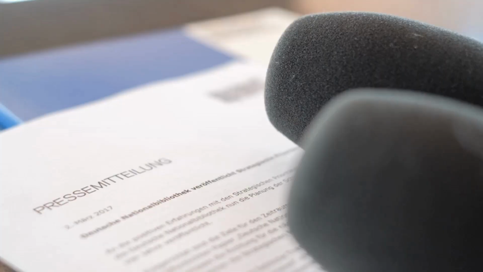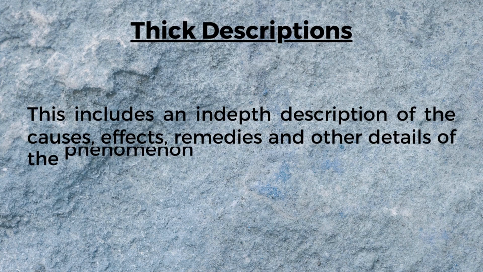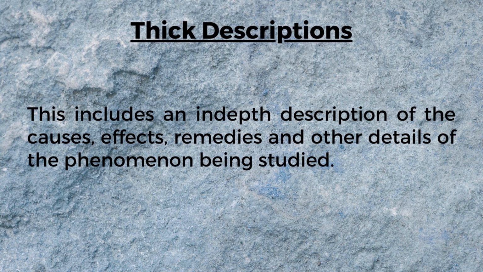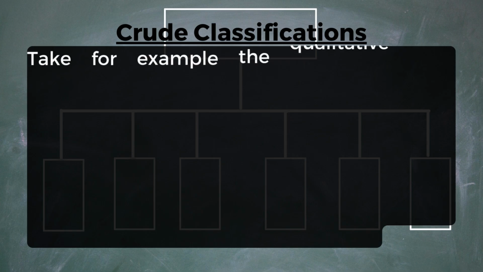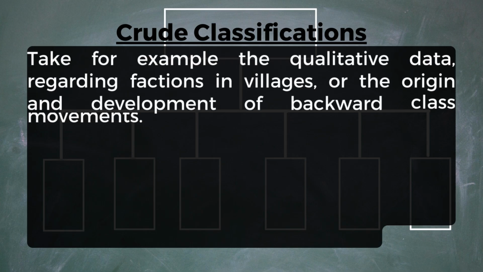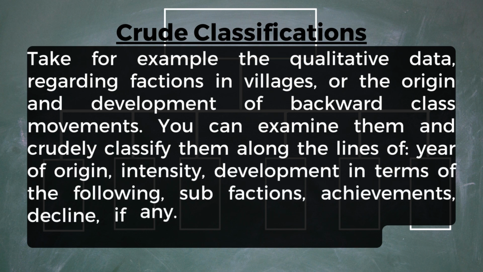The third one is thick descriptions. This includes an in-depth description of the causes, effects, remedies, and other details of the phenomenon being studied. The fourth one is crude classifications. Take for example the qualitative data regarding factions in villages or the origin and development of backward class movements.